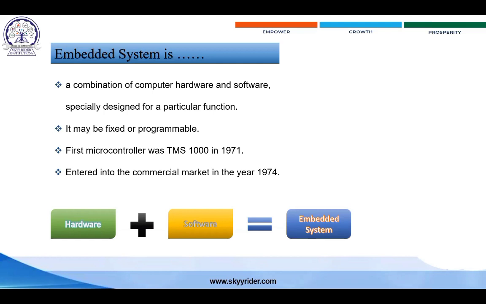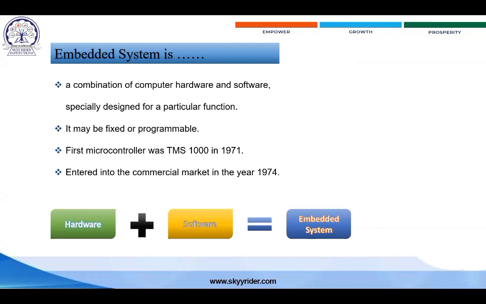So first of all, what is embedded system? Embedded system is a combination of software and hardware, especially designed for a particular function. A computer is a mixture of hardware and software, so that computer is an embedded system. Inside the computer there is a CPU, inside the CPU there is a motherboard, and inside the motherboard multiple components are fabricated.